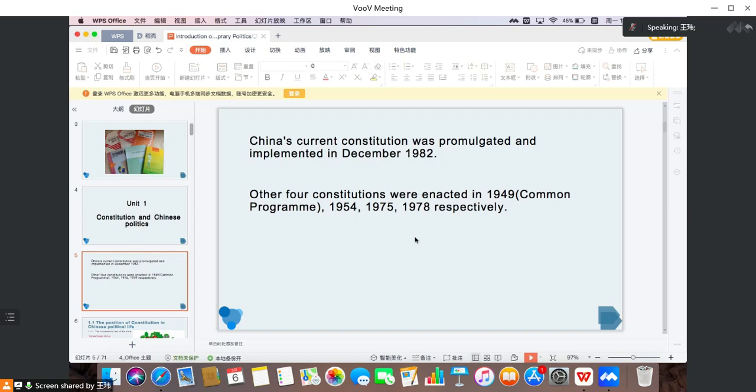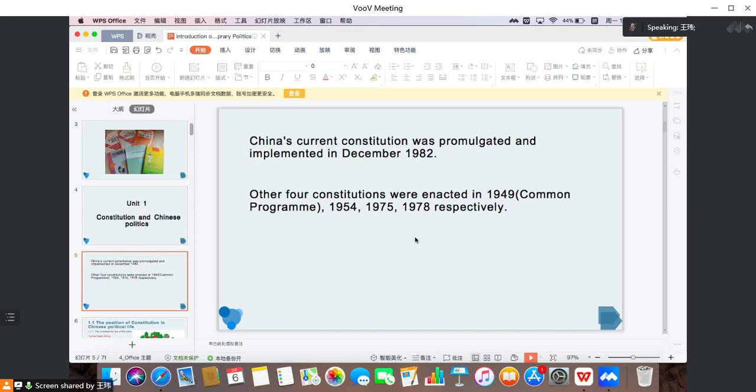This is a very interesting historical point, because in 1949, before the CPC led the Chinese people to found our new country, the CPC invited all other parties to come into Peking to discuss how to found our new country, how to operate our government, and how to promulgate or enact other general laws.